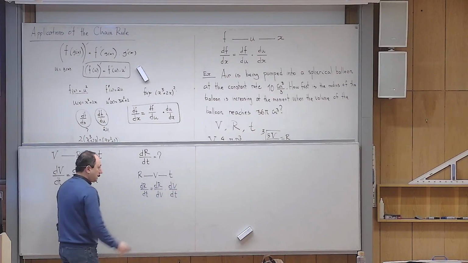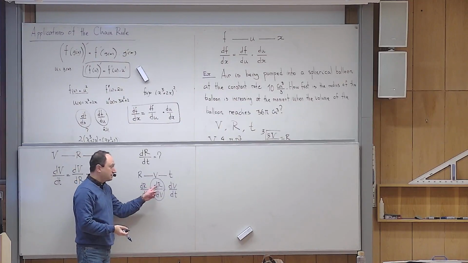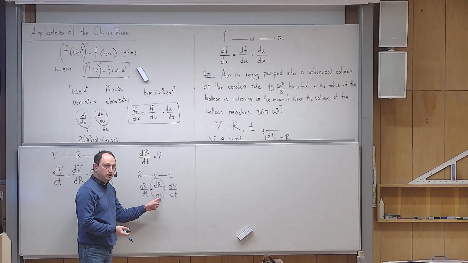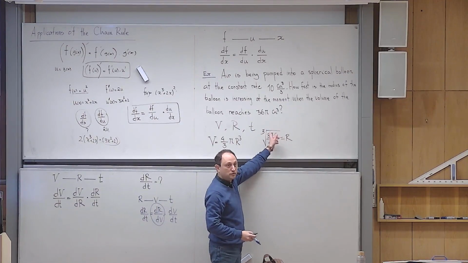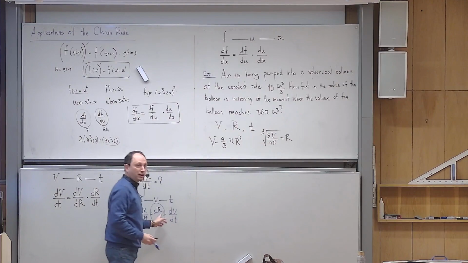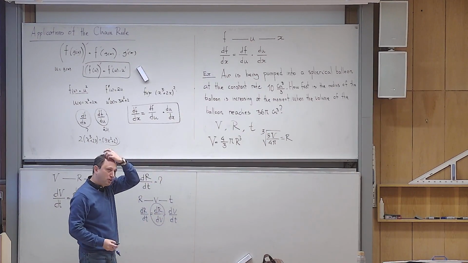Here I have to take the derivative of r with respect to V, so I need to do this algebra to find r in terms of V in order to calculate this. I hope you agree with me, it's a little bit harder.